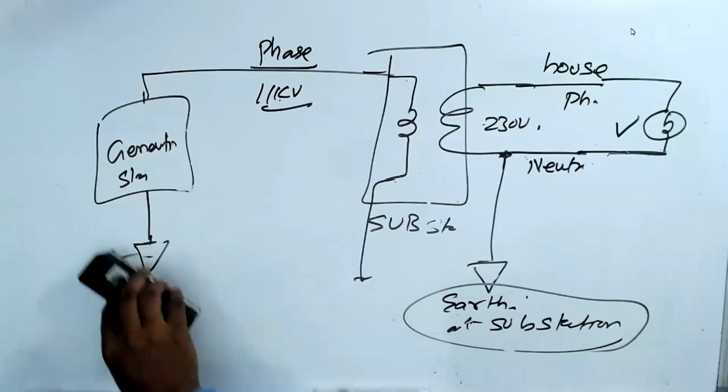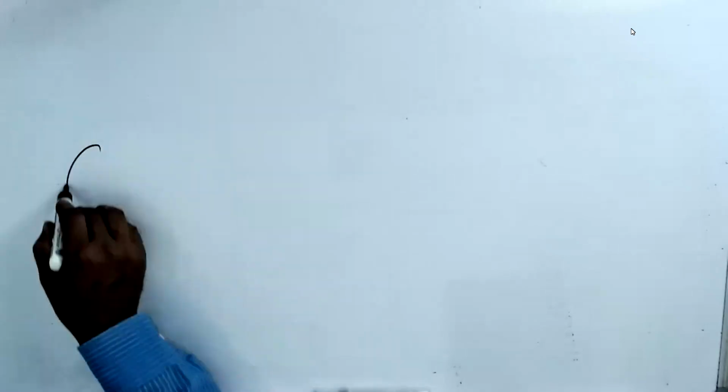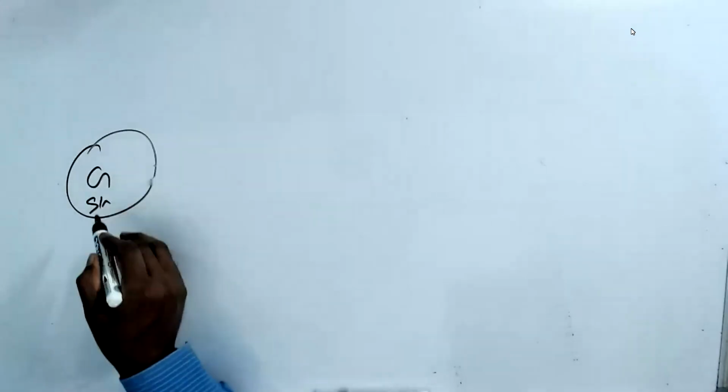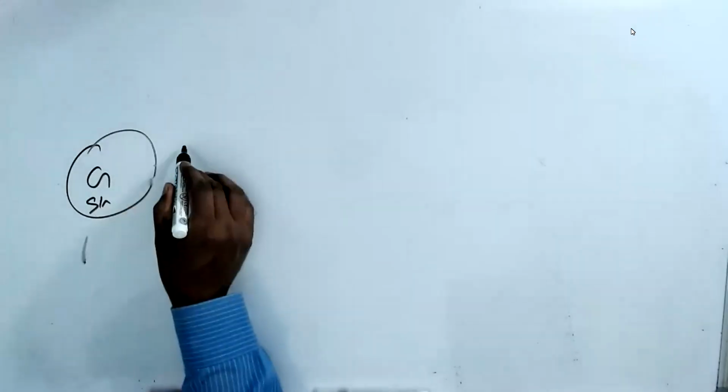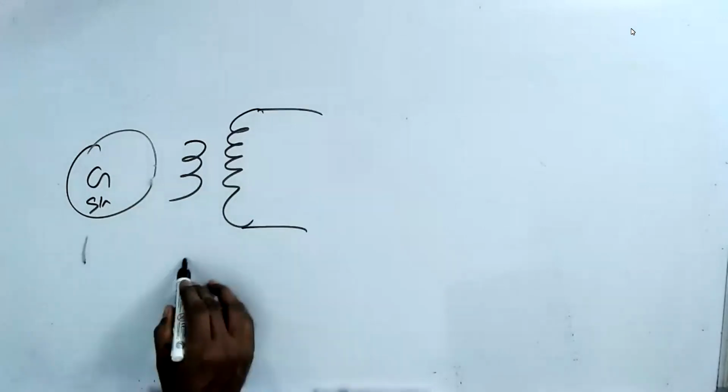So now I will tell you one small application of Ohm's law. You'll be thinking why, in the generating station at Mettur or wherever it is, they step up with a transformer.